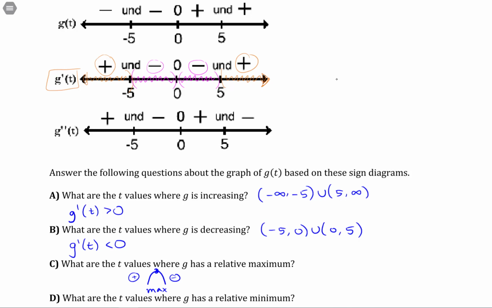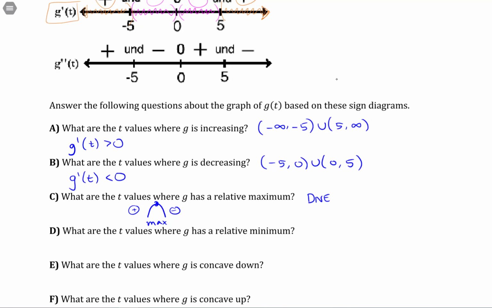If you notice from here, we are increasing and then we are decreasing. So it looks like this particular value would be where we have a relative maximum. But that value is undefined, so that's likely an asymptote, and it can't be included as a maximum. No other intervals go from increase to decrease, so that's the only potential. So we would say that this does not exist.